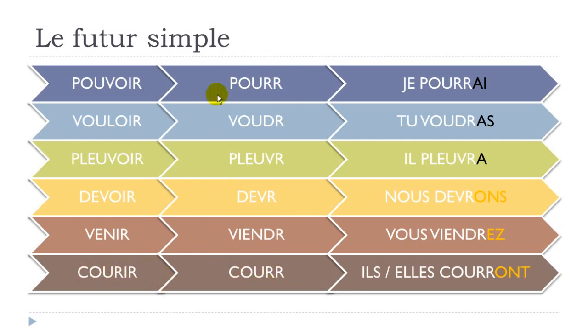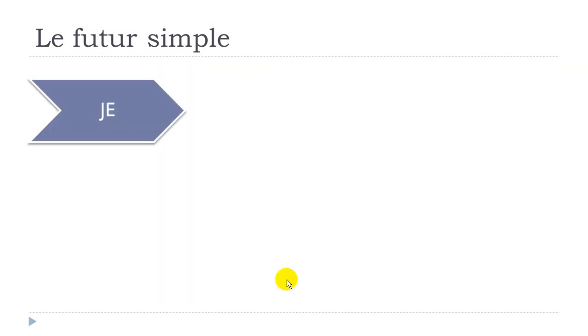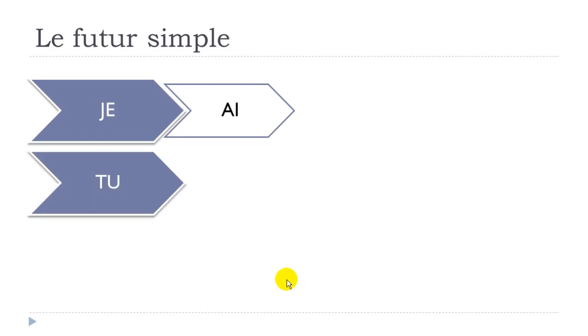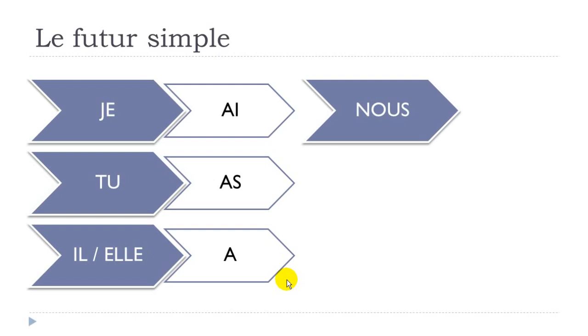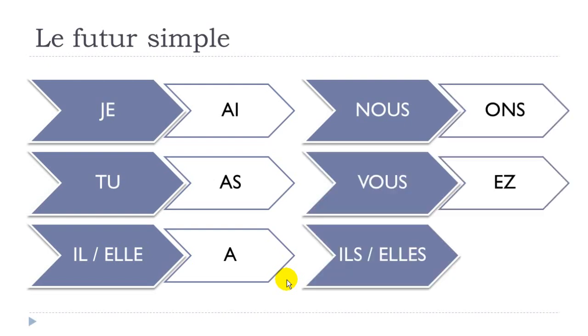And then, as we saw previously, you only add after the endings. Alright? So, remember one more time. Je, ending for je is ai. Tu, ending for tu is as. Il, elle, a. Nous, ons. Vous, ez. Ils, elles, ont. Okay?